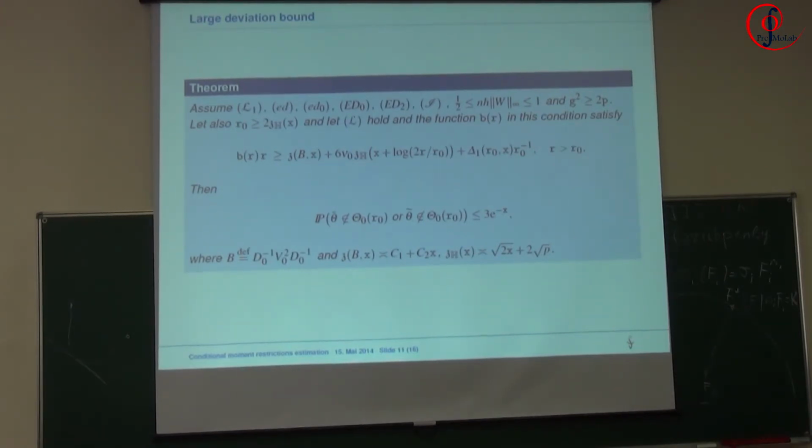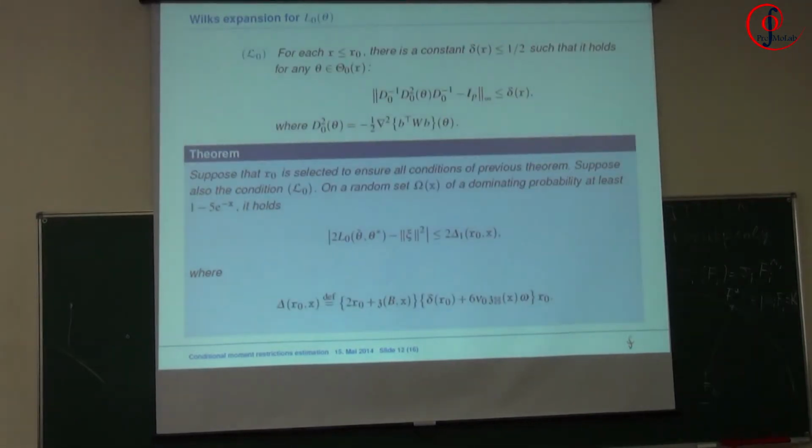Nevertheless, all results are not asymptotic. So we finally come to one of our main results. It's a direct usage of techniques from our theory, and it gives us a Wilks expansion for L(theta, theta star), the L0 process, because we have all the previous conditions for L0.